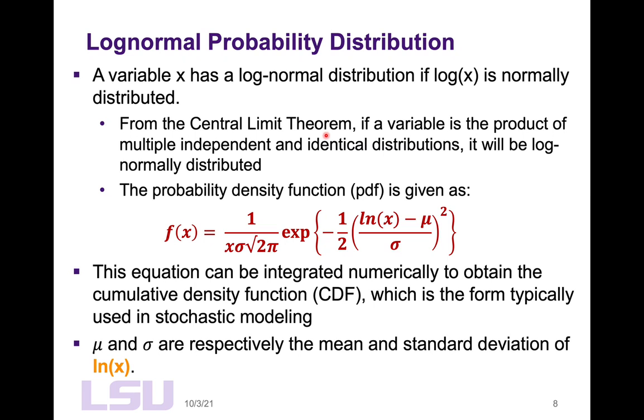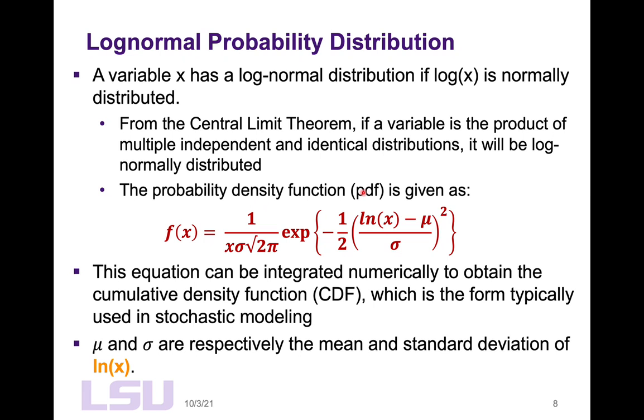From the central limit theory, if a variable is the product of two or more independent and identical distributions, IID, it will be log normally distributed. So if you have a normal distribution, another normal distribution, and you take the product, well, that product will be log normally distributed. Whereas if you take the sum, it will be what? Normally distributed. That's what we talked about on the normal distribution.